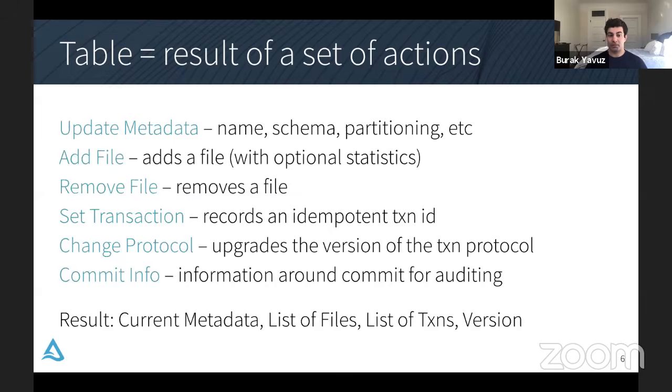Then we also have a protocol version for your Delta tables. This provides guarantees that, if you're using an old Delta Lake client when trying to read from your table, your old client or your newer client can actually deal with all the metadata and information within the transaction log of your table.